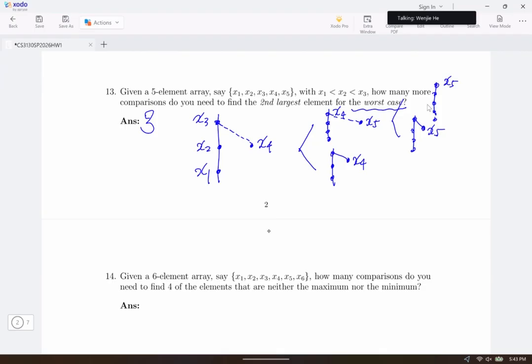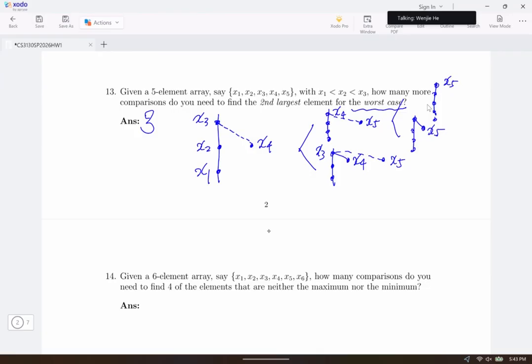If you compare x3 with x5, then x5 lower than x3 is the worst case.